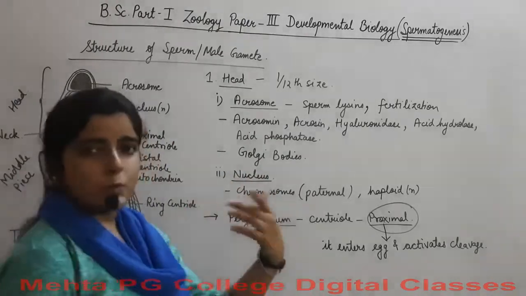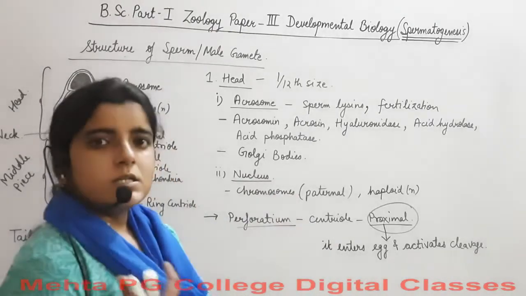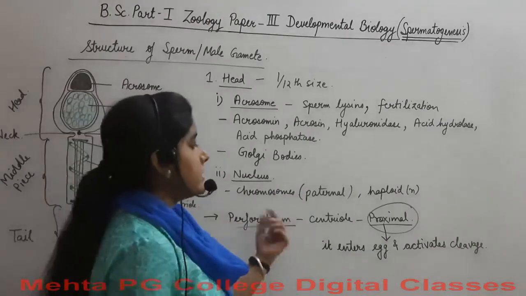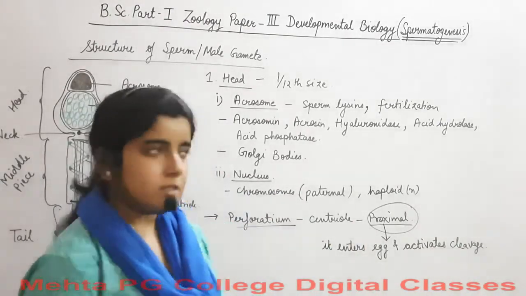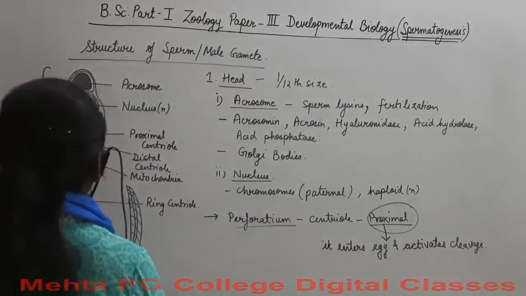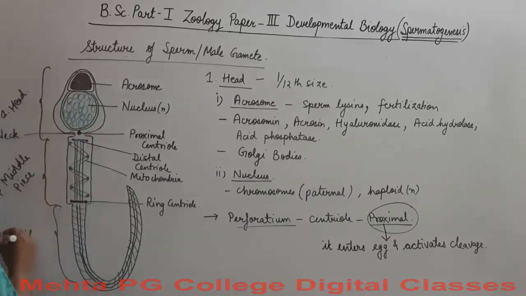In the nucleus, haploid paternal chromosomes are present, and just below the nucleus, the proximal centriole is present. The first part was the head, the second is the middle piece, and the third is the tail.